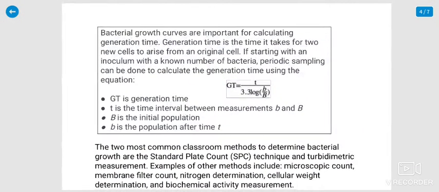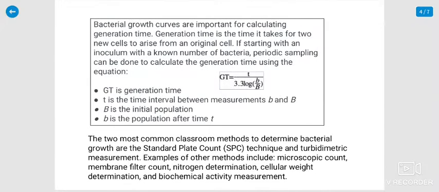Bacterial growth curves are important for calculating generation time. The generation time is the time it takes for two new cells to arise from the original cell. If starting with an inoculant with a known number of bacteria, periodic samples can be used in the calculation.